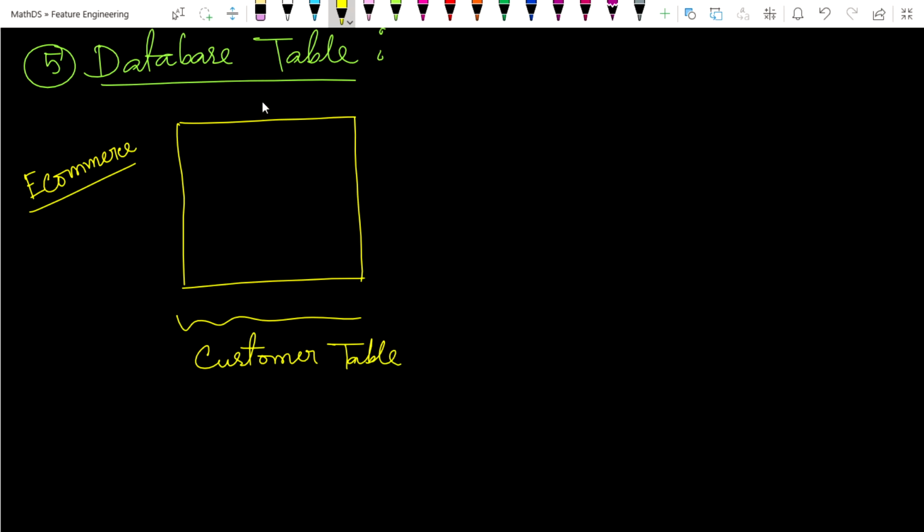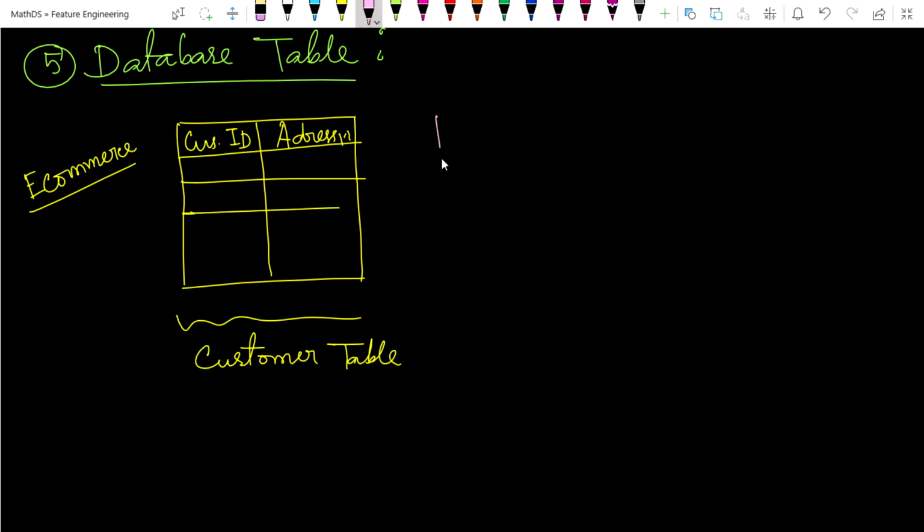In this table we have stored the customer ID for each customer, and the corresponding addresses of this customer. There could be various addresses, maybe address 1, address 2, and so on. This is one kind of table.